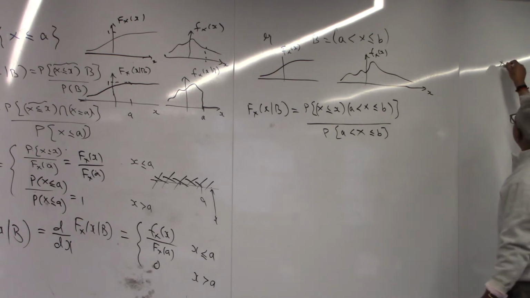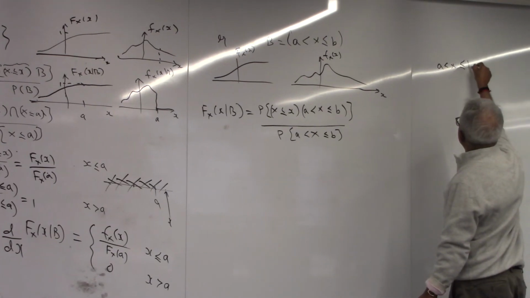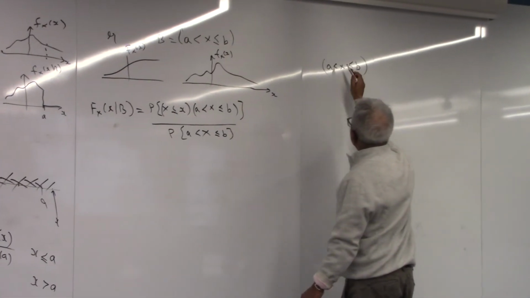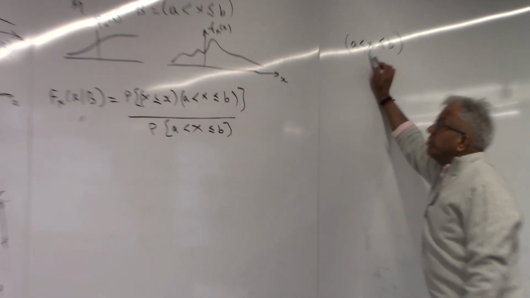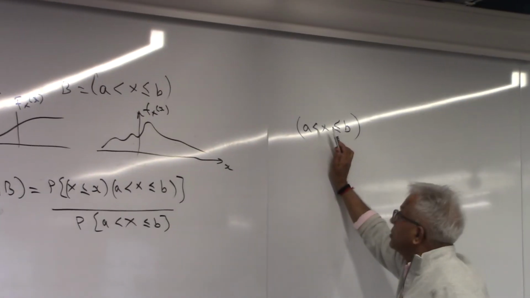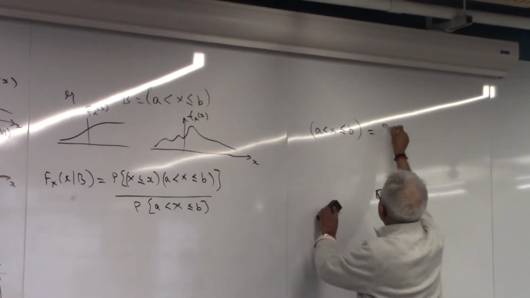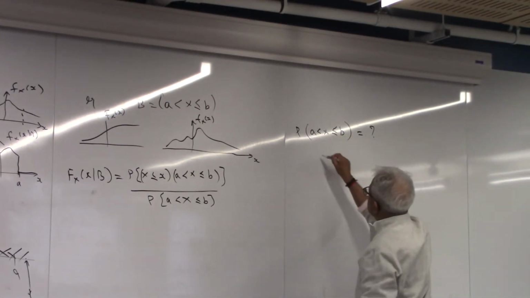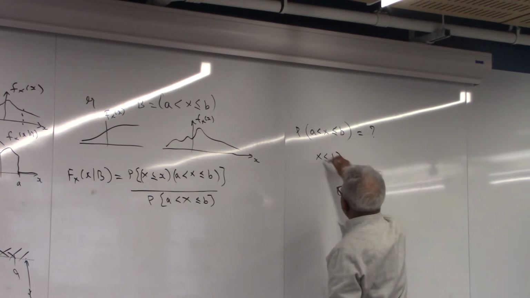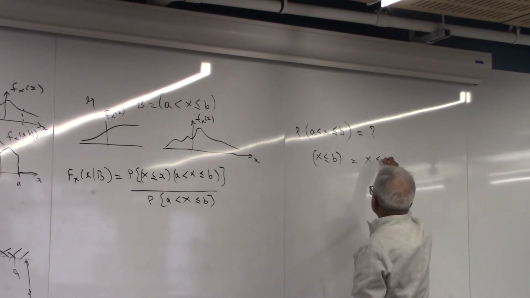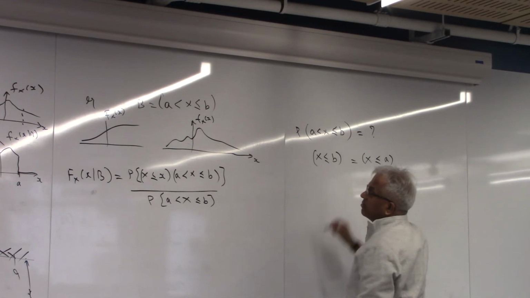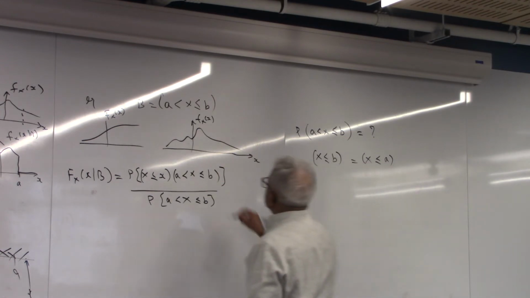Now, the question is what is the probability of the event that X is greater than a and less than or equal to b. To compute this, as I did before, let's say a is here.